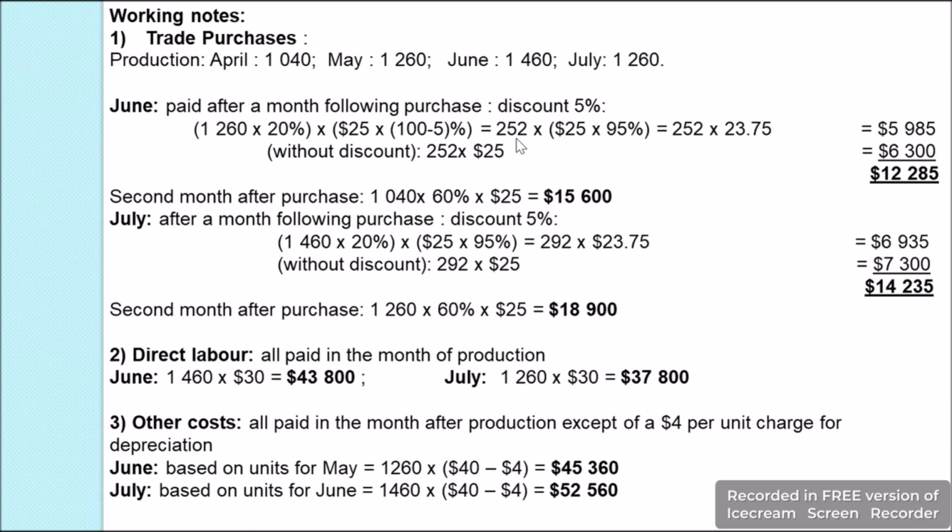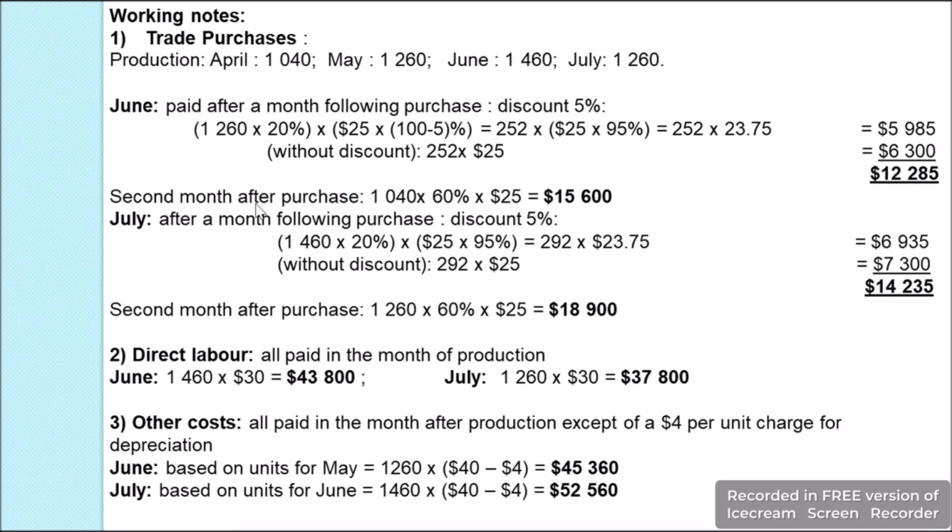Then 1/5, that is again 20%, will be paid without discount. So it will be 252, which is the 20% of May, and then we will multiply it with the unit cost of direct material, which is $25. We get the value as $6,300. So when we add this, it will be $12,285. Then furthermore, we have additional payments for the trade purchases, which is the second month after purchase, where we pay the 60% of the material which has been purchased.